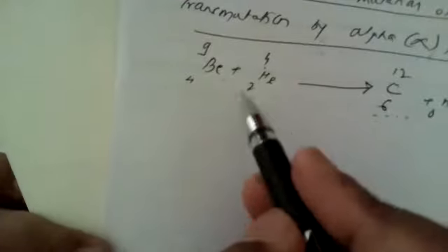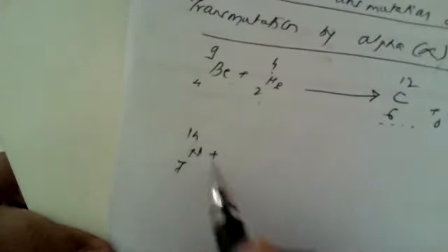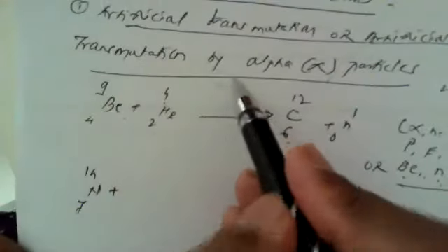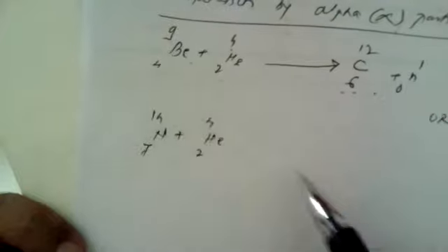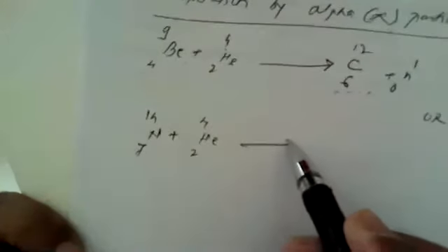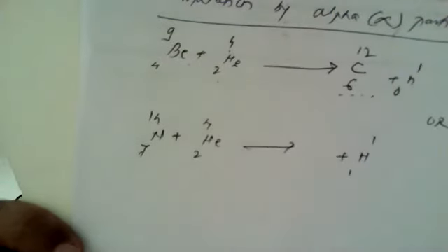Another reaction that I would like to give you is of nitrogen-14. Again here, the transmutation is by alpha particles, hence there is no choice. We have to use helium nucleus. During this course, if a proton is ejected, the case is very simple.